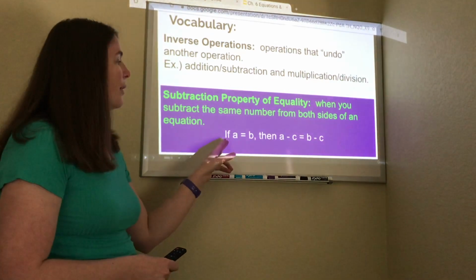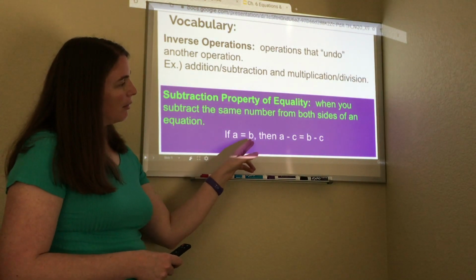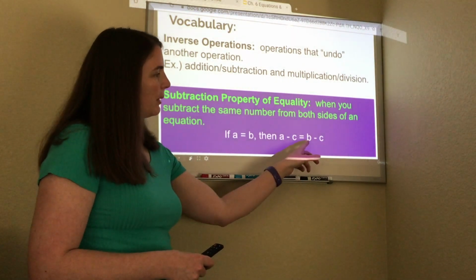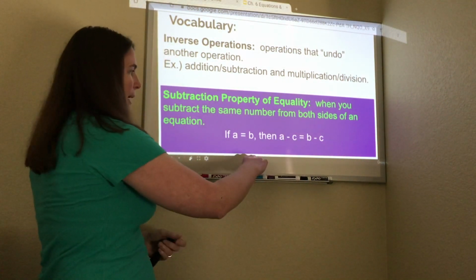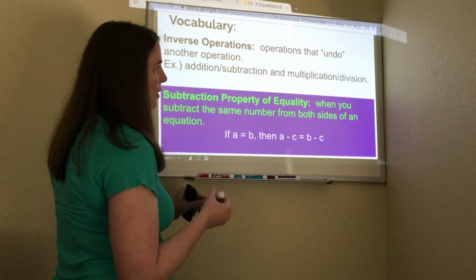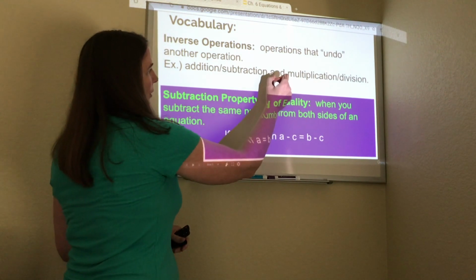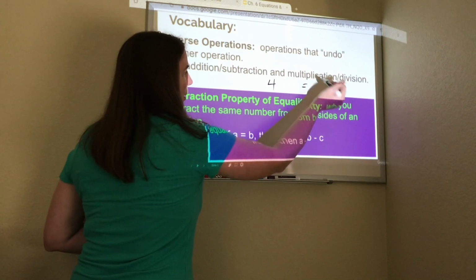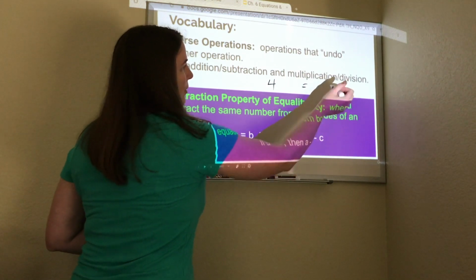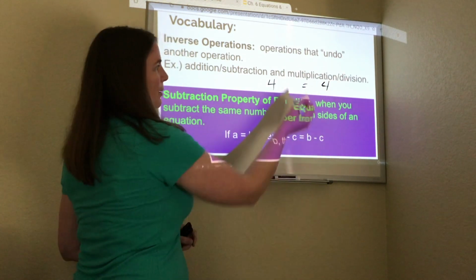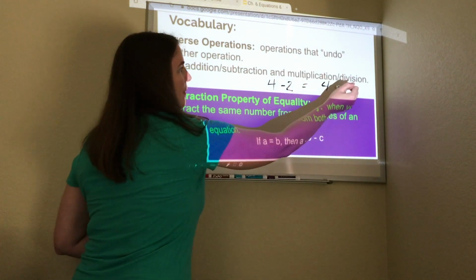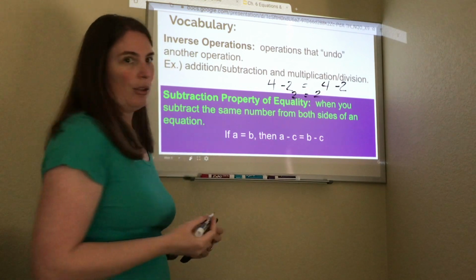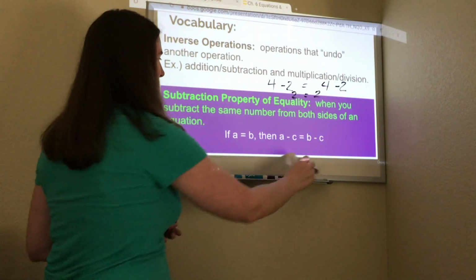So if A equals B, then A minus C equals B minus C. If I had, let's just say, 4 is A and 4 is B, and I subtract 2 on this side, I have to subtract 2 on this side, and I'll still get my equation true.